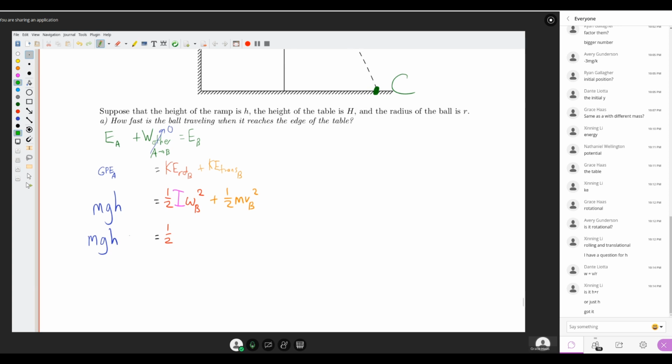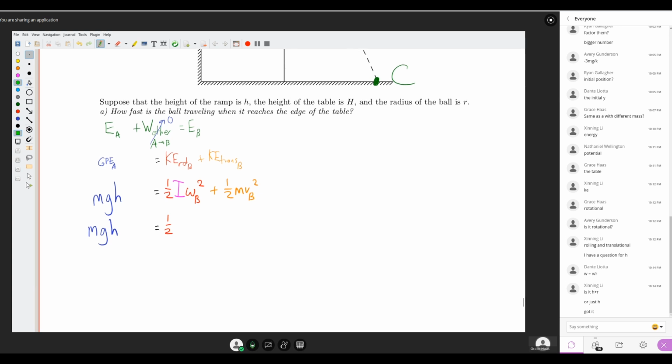But you don't have to go that in depth. Often balls are smaller than ramps, so that's fine.